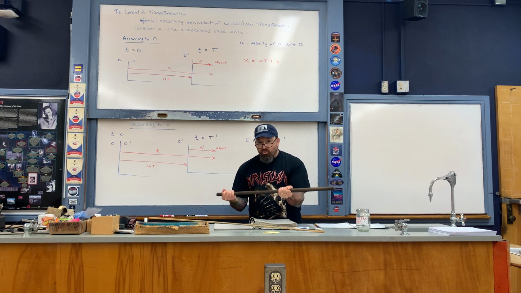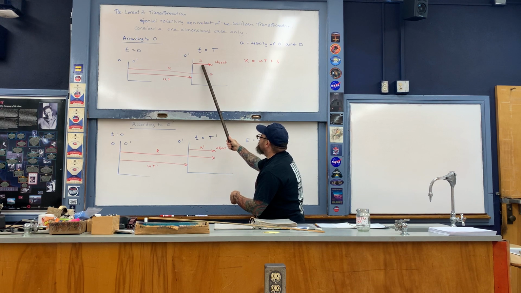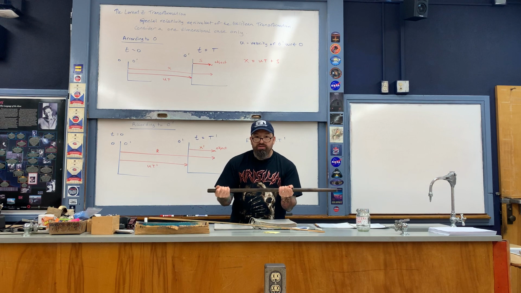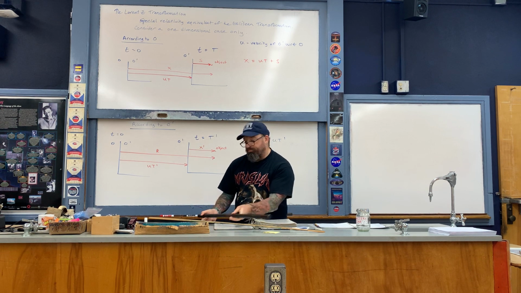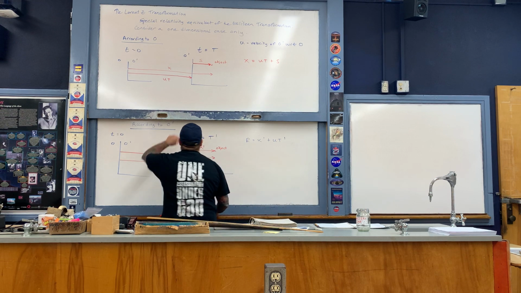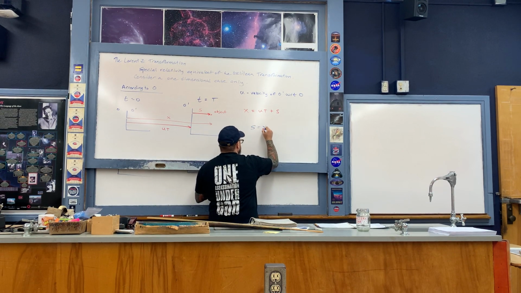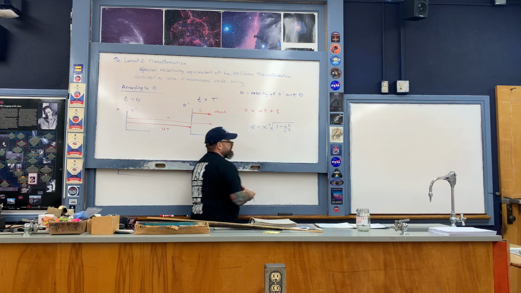However, on the top board, you guys see the x prime as s, but that meter stick is moving relative to you. So therefore, s is the length contraction of x prime. So up here on the top board, let me label it as such. S is the length contraction of x prime.